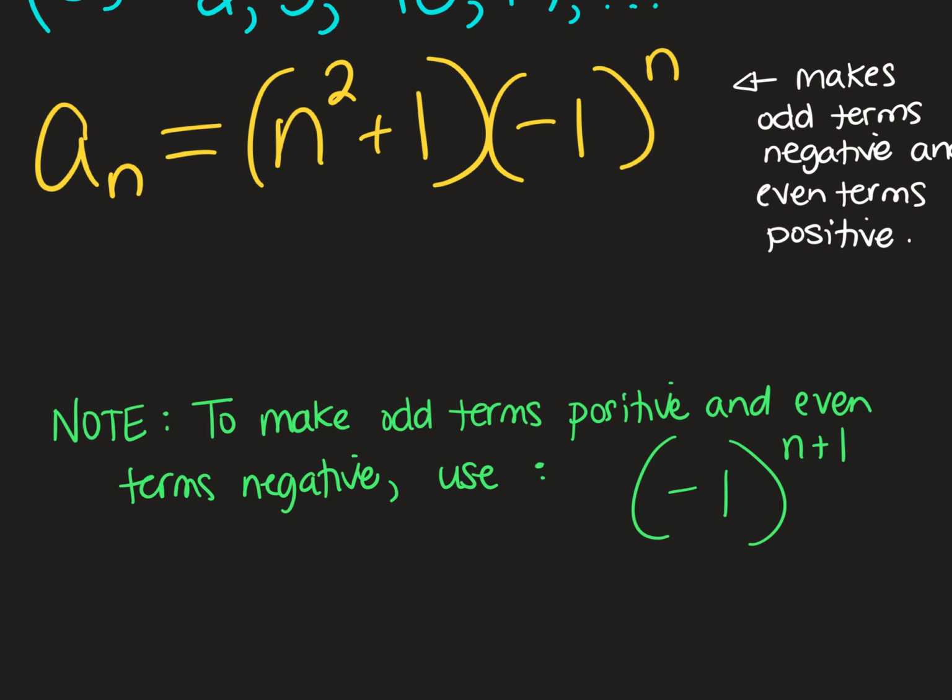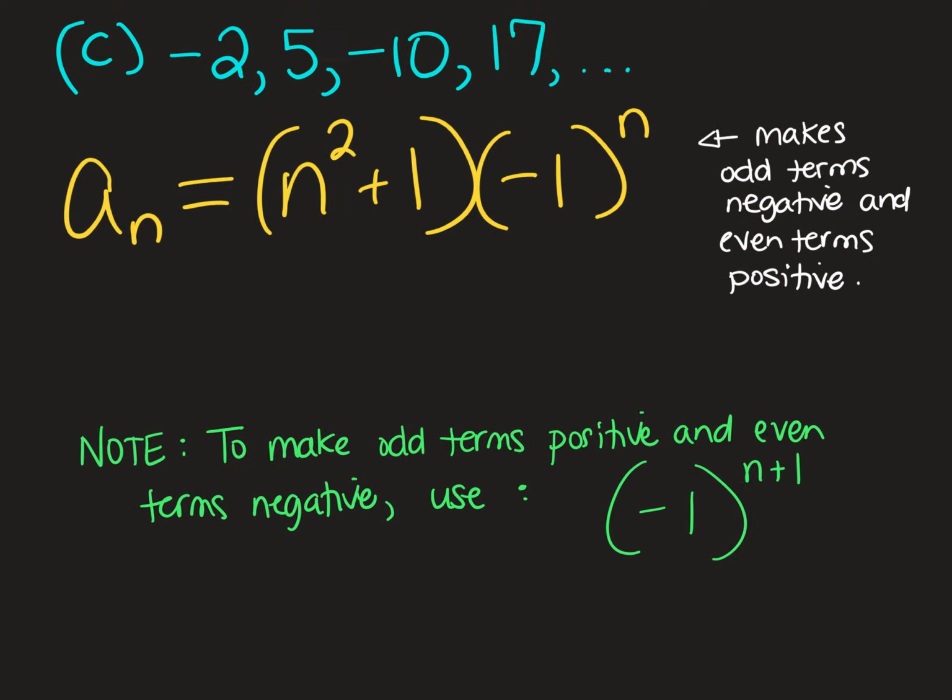And think about why that is. If n is 1, that's an odd term. Plug in 1 to that, you get 1 plus 1, which is 2. So you end up squaring it, giving you a positive output. That's a nice little tool to have when thinking about how to write sequences and giving the generator for them.